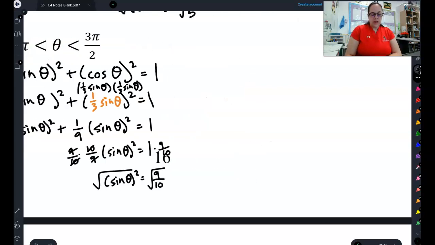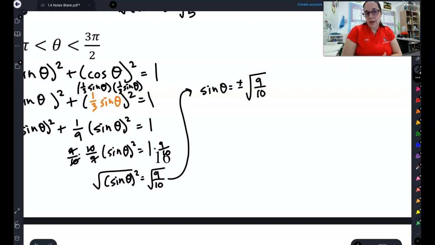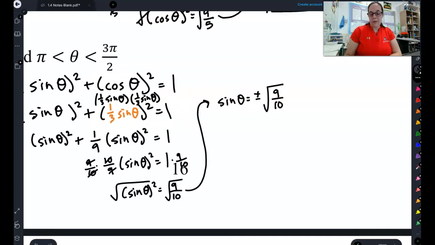Square root both sides to get sine of theta equals plus or minus square root of 9/10, which is the same thing as 3 over square root of 10, or 3 square roots of 10 over 10. Now, once again, I still have that pesky plus or minus, so I come over here.